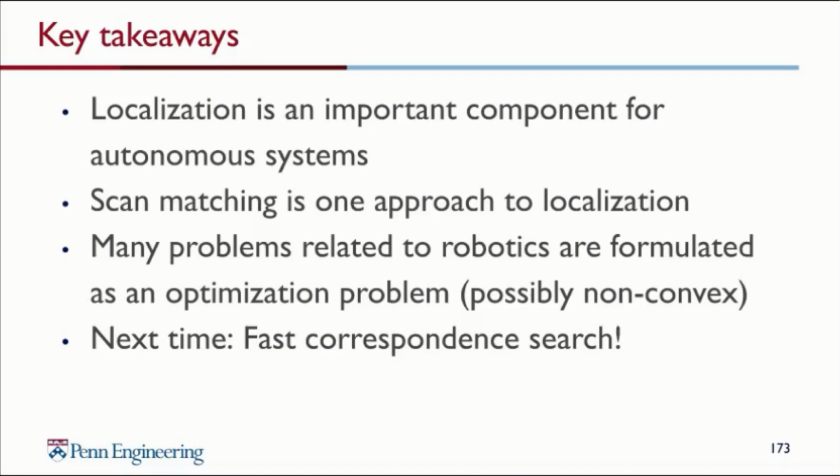And as we've shown in our situation as well, many times these problems are non-convex. We'll cover how to deal with some of these non-convex optimization problems later on in the course. And next time, we'll cover the fast correspondence search, which is the second part of the innovations of the PLICP algorithm.